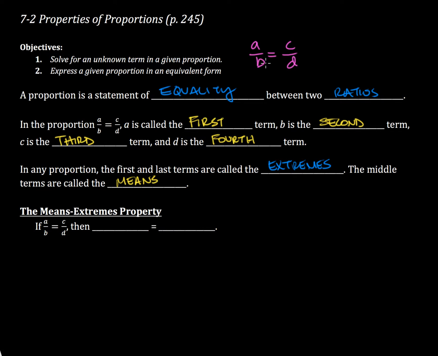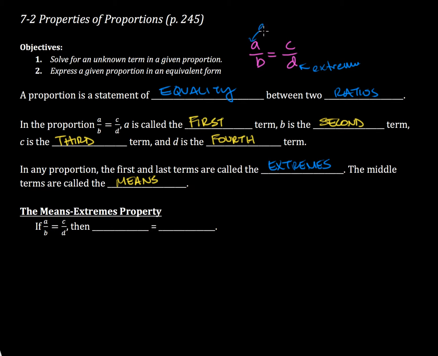In a proportion like this, A over B equals C over D, A is called your first term, B is your second term, C is your third term, and D is your fourth term. When I have them ordered in that fashion, the first and fourth terms are each called an extreme of my proportion.